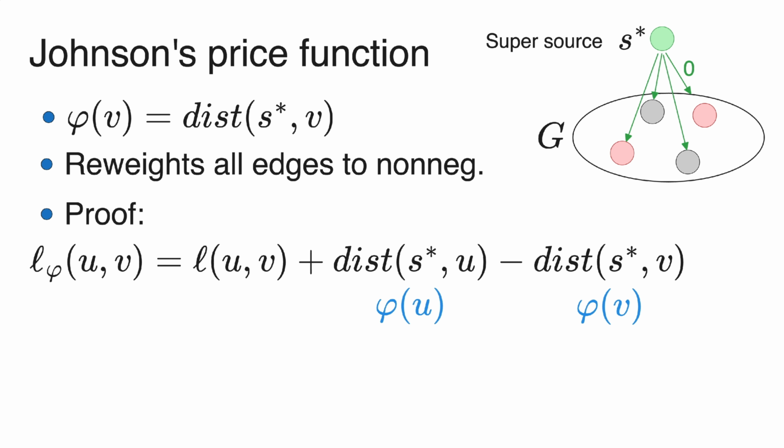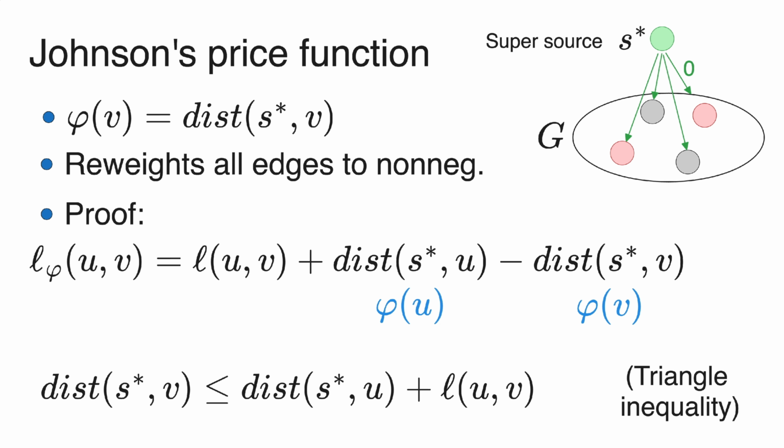So we know that after reweighting, the length of uv becomes this quantity, and this is closely related to the triangle inequality for distance. So we know the distance from S star to v is at most the distance from S star to u plus the length of uv, because the left-hand side is the shortest path and the right-hand side is just one path from S star to v.